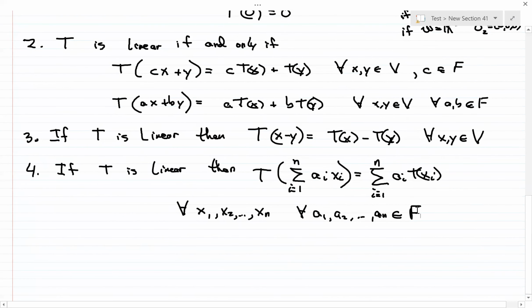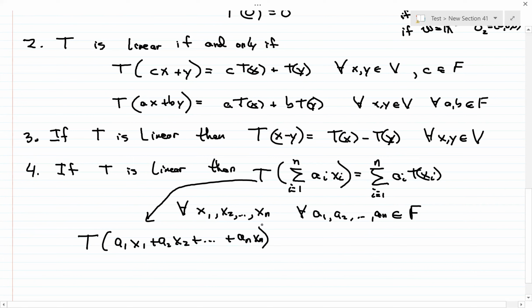So don't be put off by the summation notation. Let's just make sure we understand what it says. It's really saying that if you've got something that looks like a1 x1 plus a2 x2, you keep on adding till you get to an xn, that's the same as a1 T of x1 plus a2 T of x2, plus keep on adding until you get to the end of the line, an T of xn.